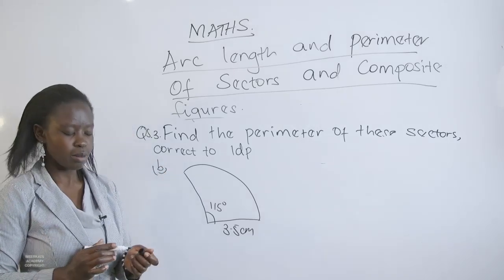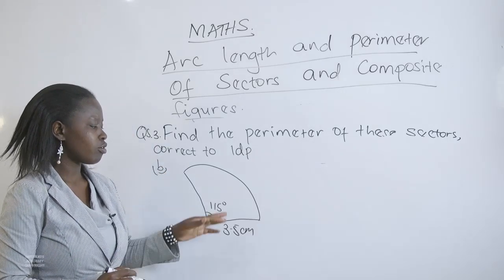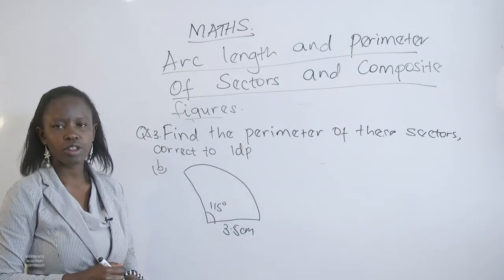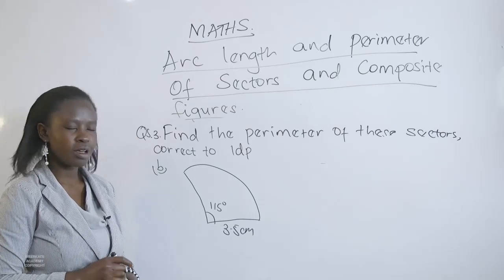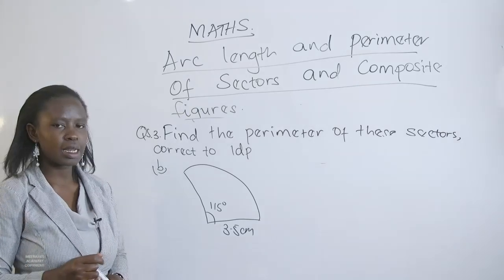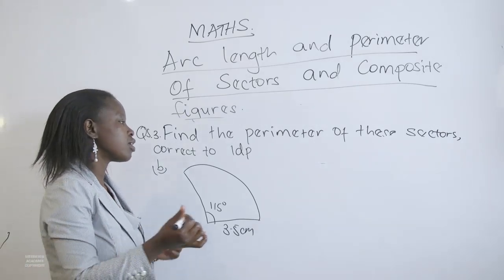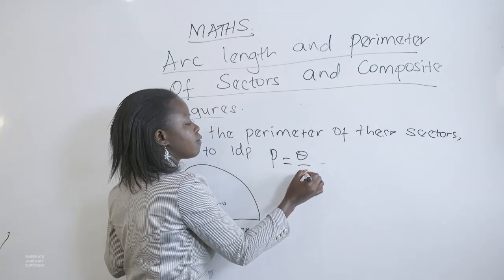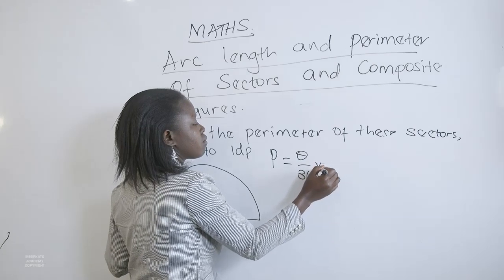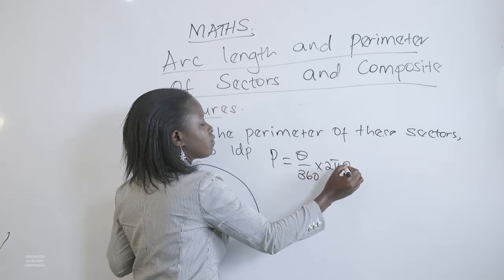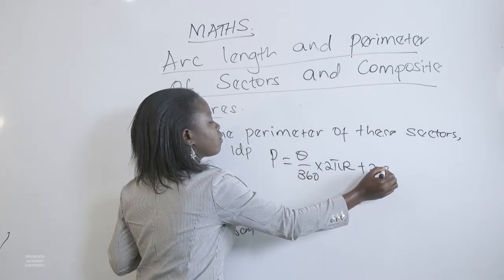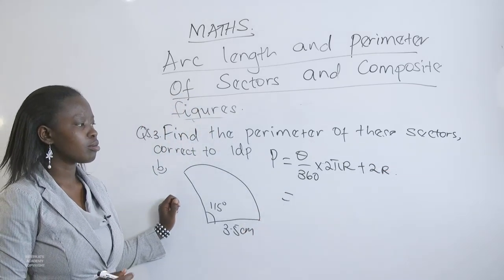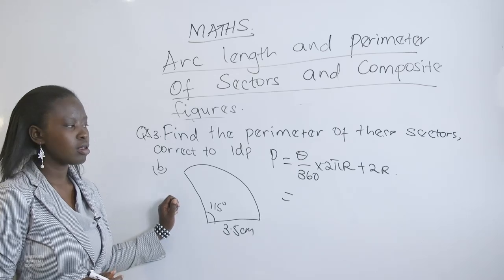The second example: we have a sector that has 115 degrees at the center. So that means calculating the perimeter of this given sector will be obtained by theta over 360 times 2 pi r plus 2r.